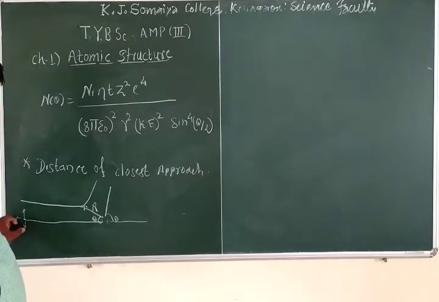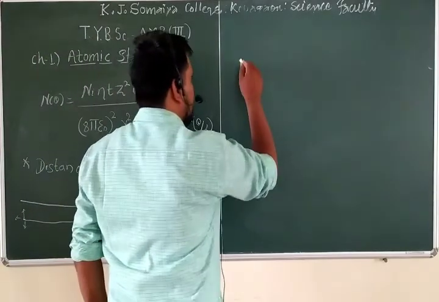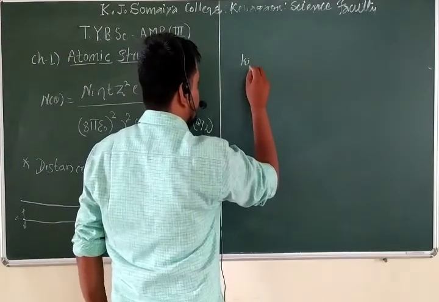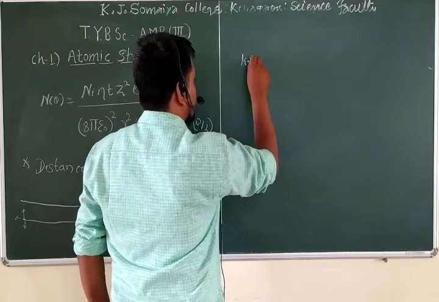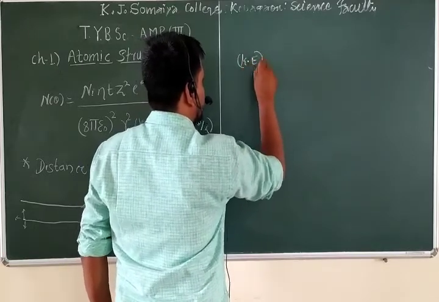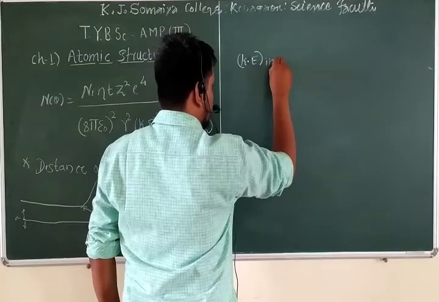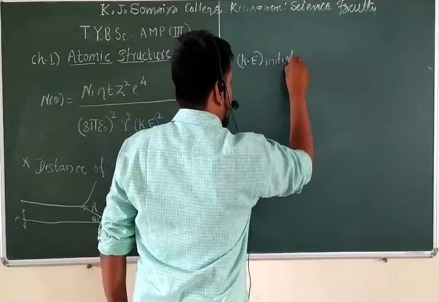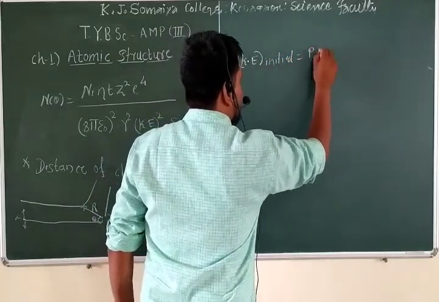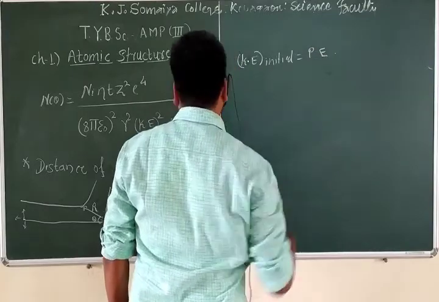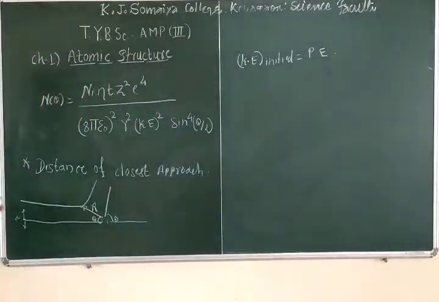So we assume that the initial kinetic energy is equal to the potential energy. Why assume this?